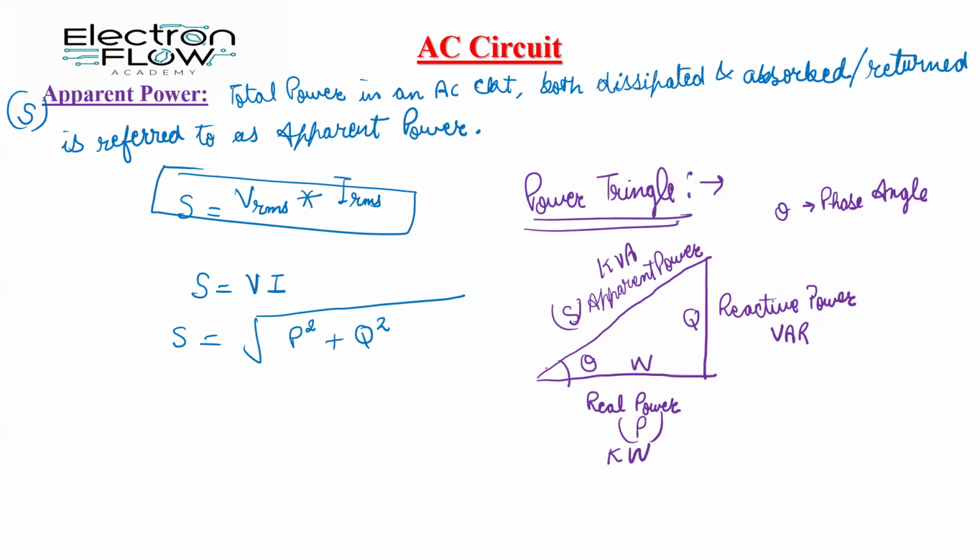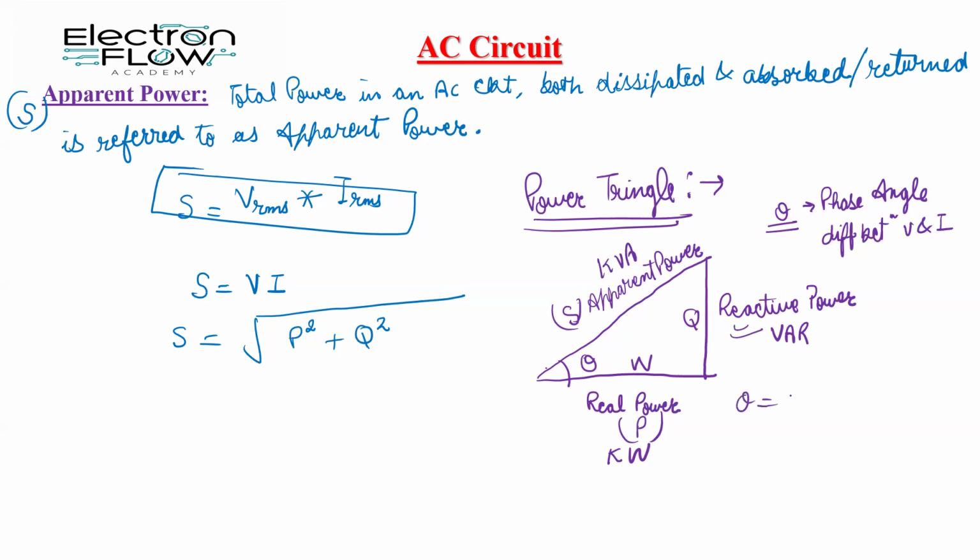This power triangle shows that the greater the value of theta in the circuit, the more reactive power is available in the circuit. Theta is basically the phase angle difference between V and I. A smaller value of theta gives less reactive power.